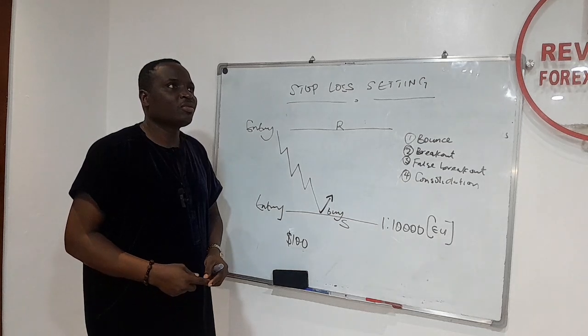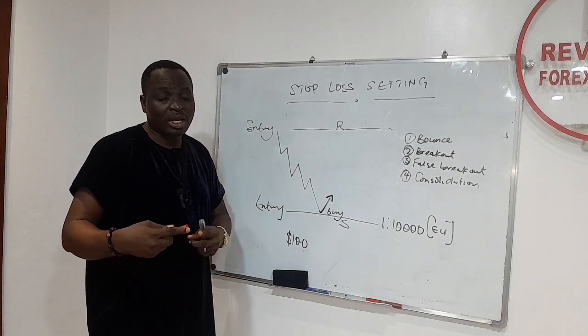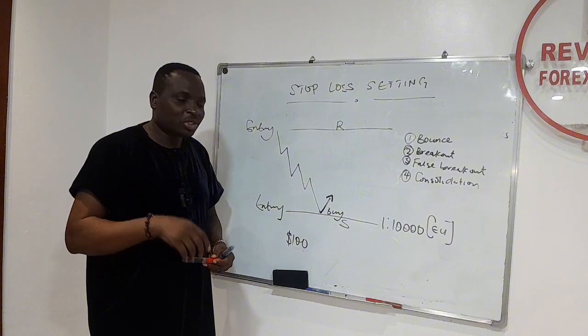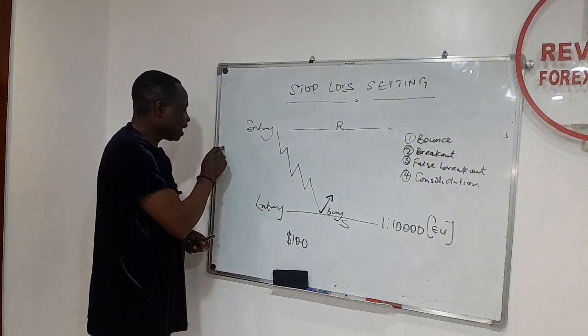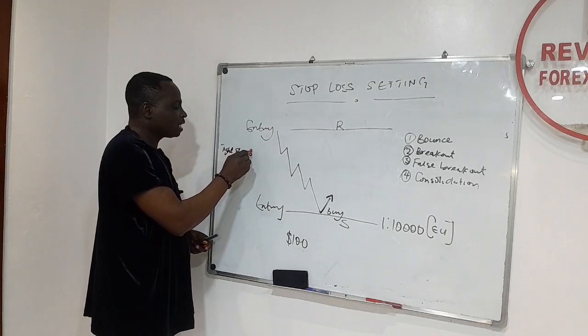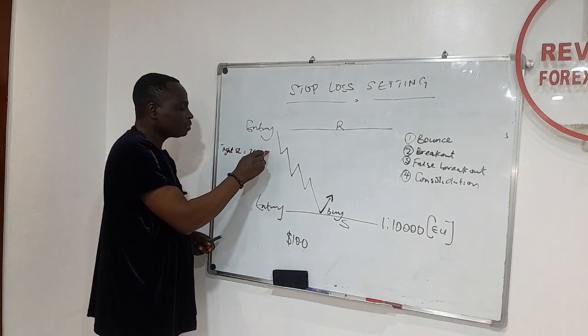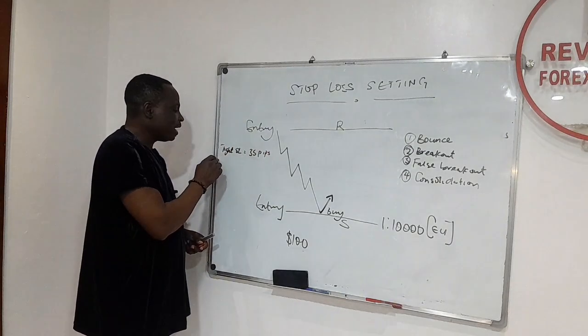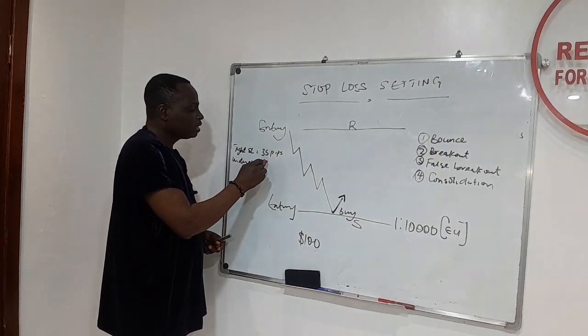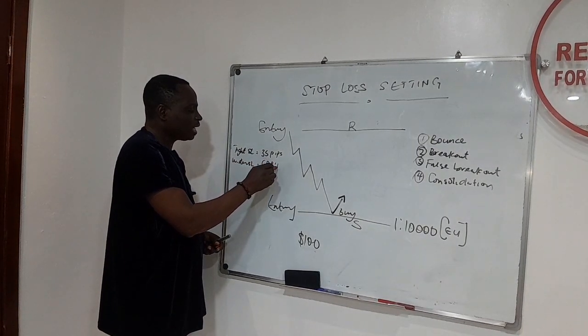So, for example, if you're an intraday trader, for tight stop loss, I recommend 35 pips. For wider stop loss, I recommend 60 pips as an intraday.